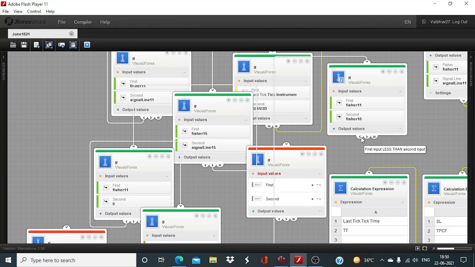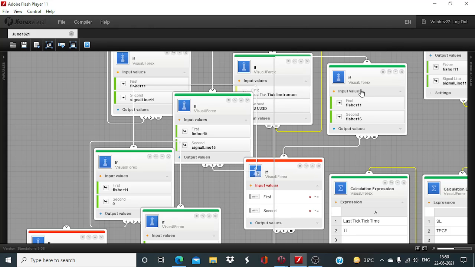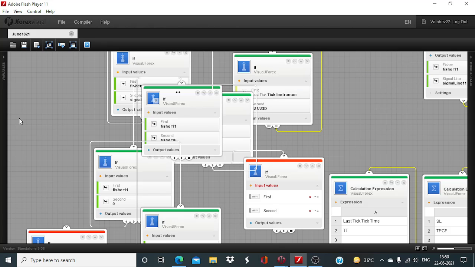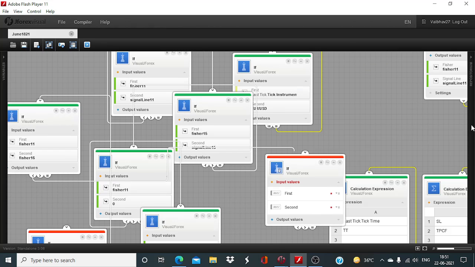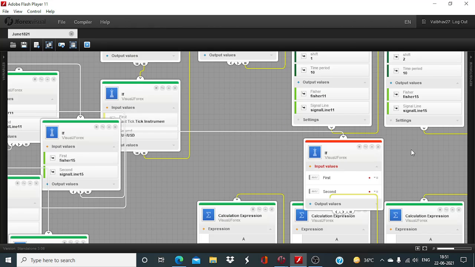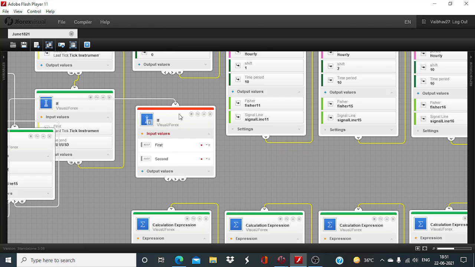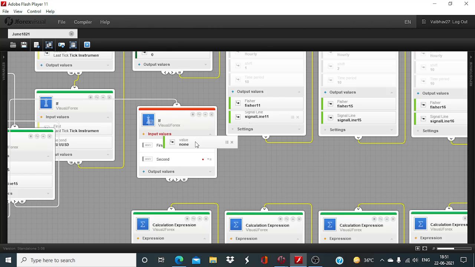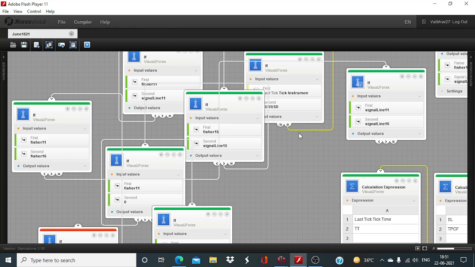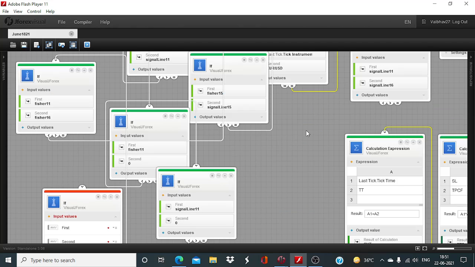First input less than second input. And signal line 11 should be below signal line 16. Again, first input less than second input.